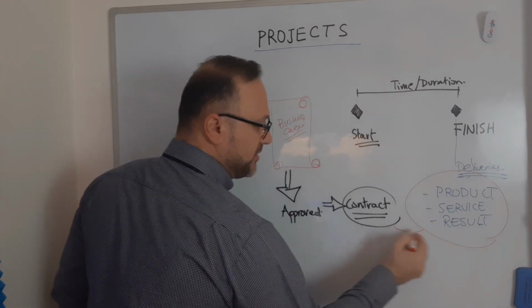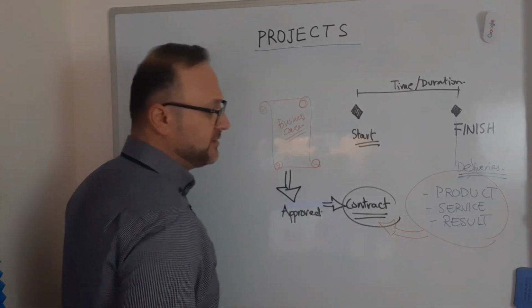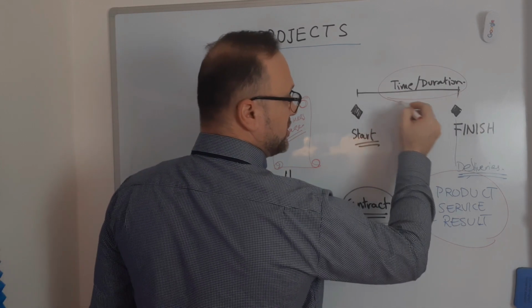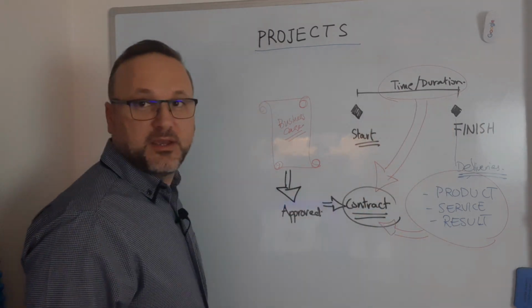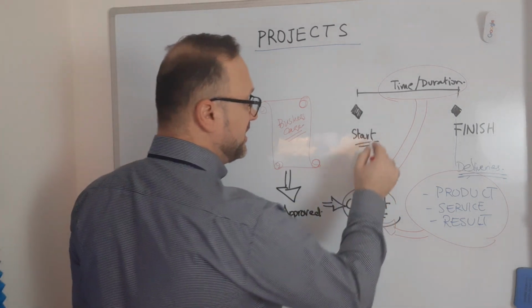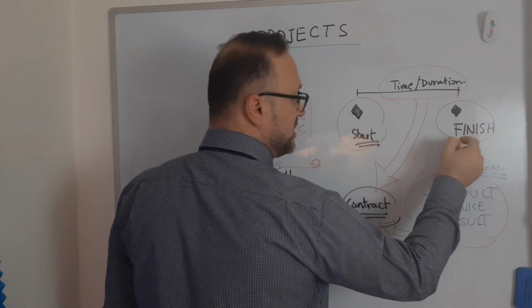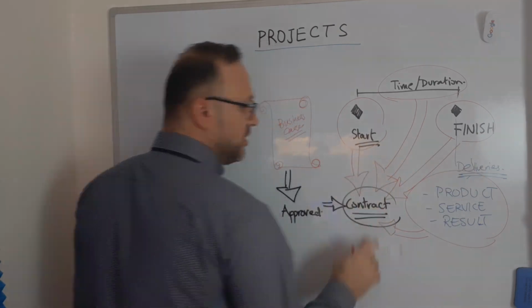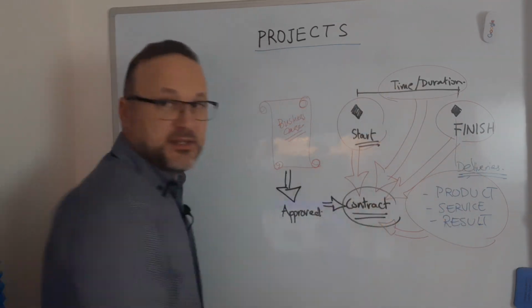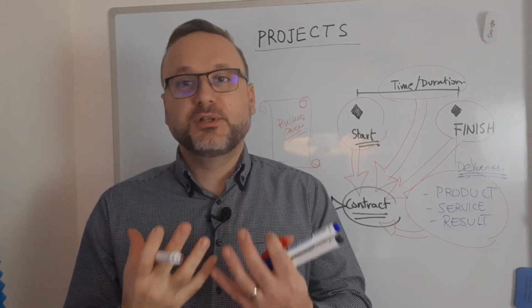These are the requirements defined in the contract. The time duration to create these products is defined in the contract. The start and the finish date are defined as well in the contract. Once all these things are defined in the contract, this is what we call a project.